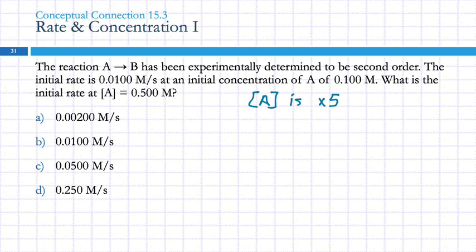So if this is second order, well, let's just start at the beginning. If it's 0 order, changing the concentration will have no effect. If it's first order, changing the concentration by times 5 will cause the rate to increase times 5. So because this is second order, then the rate is going to be times 5 squared.